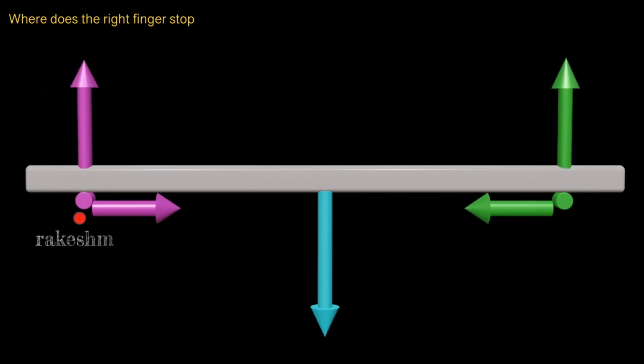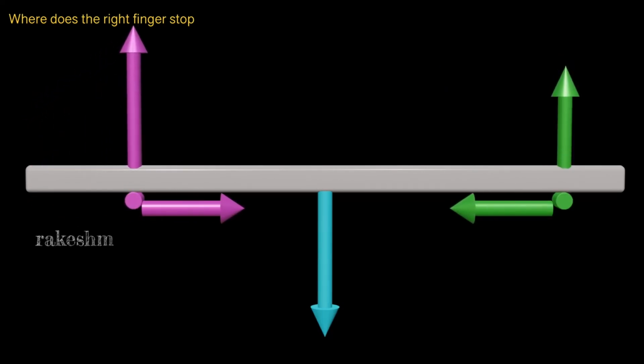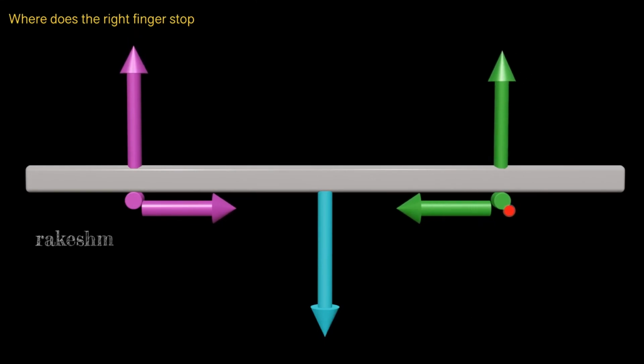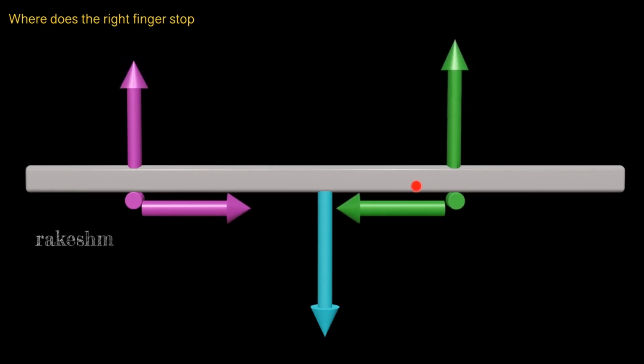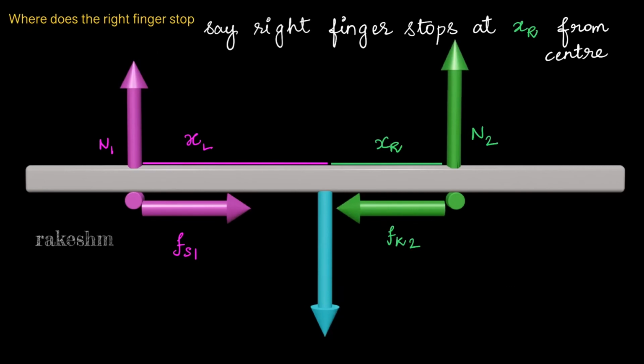You see the left finger is moving and it stops, then again the right finger moves and it stops here. So let us say the right finger stops at XR from the center. So this is XR and the right finger stops here.